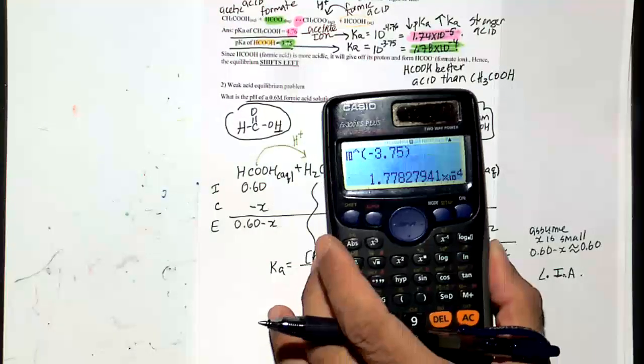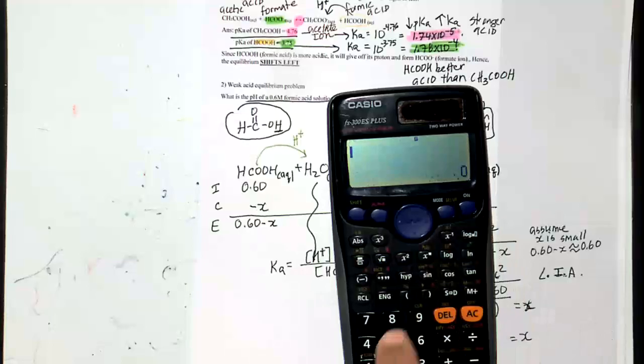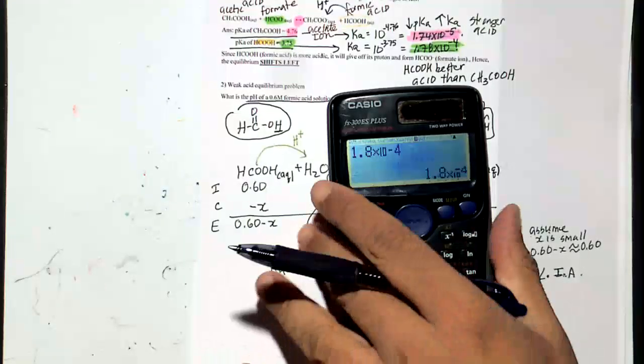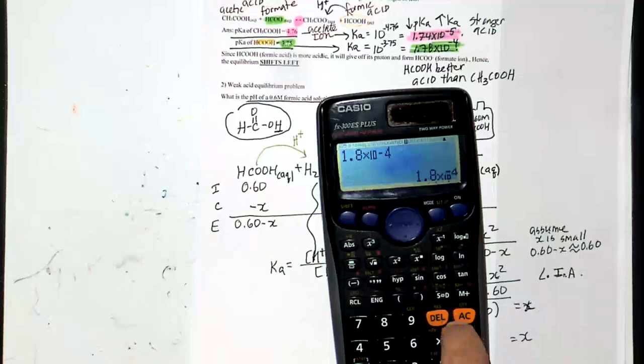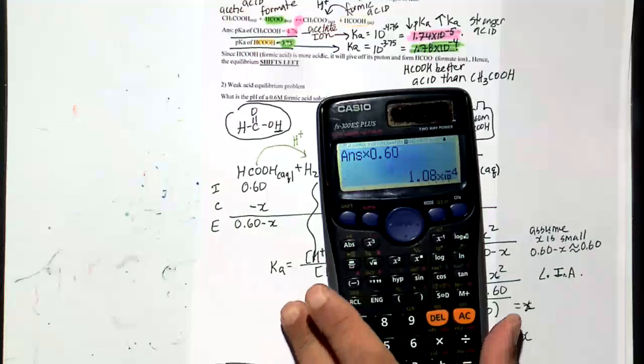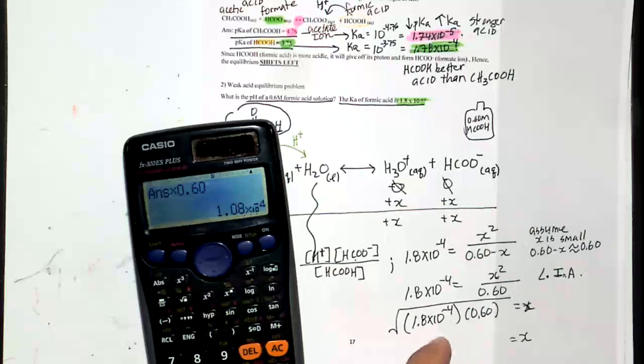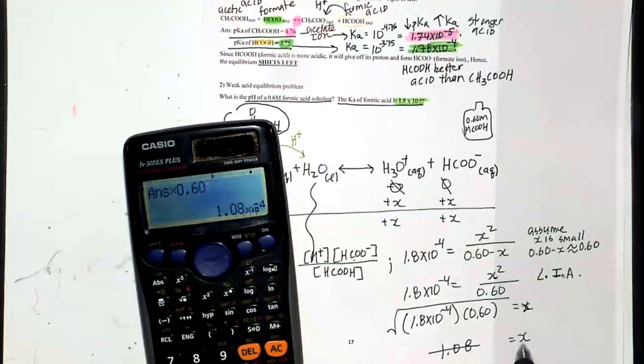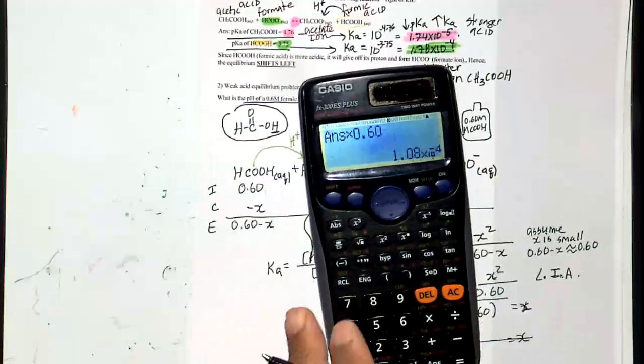So 1.8 times 10 to the minus 4 times 0.60 is 1.08 times 10 to the minus 4. Okay, square root that.